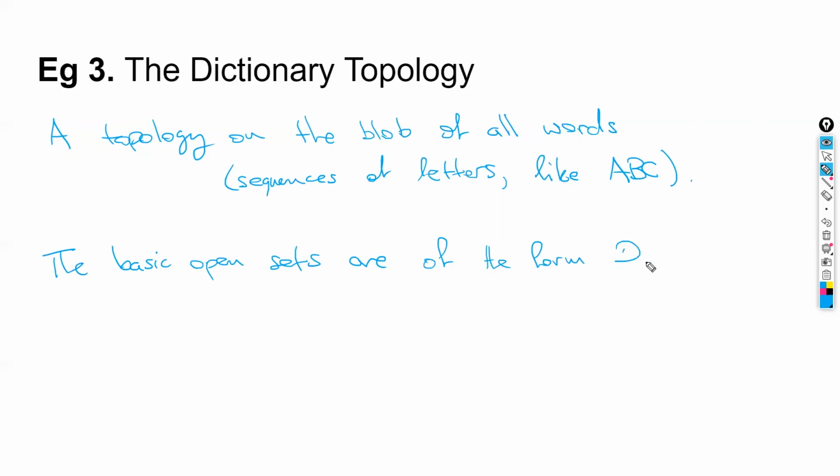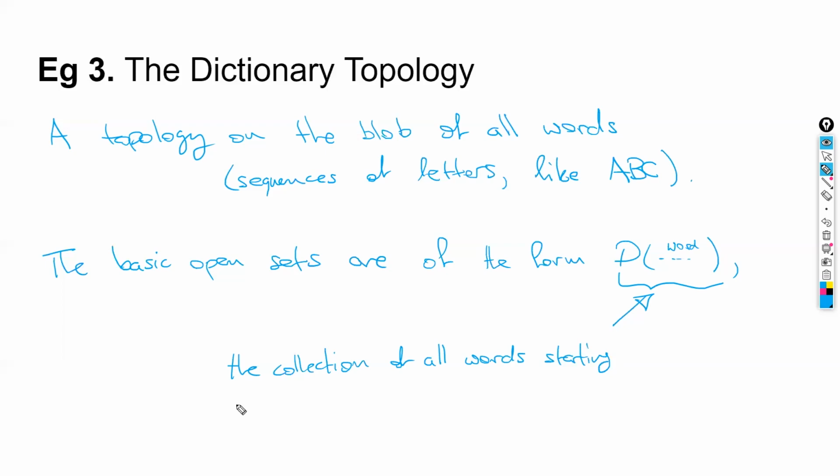and I'm going to use D for dictionary, and then you want to write a word down. So here's some word. So this right here is the collection of all words starting with whatever word that you decided to start with.